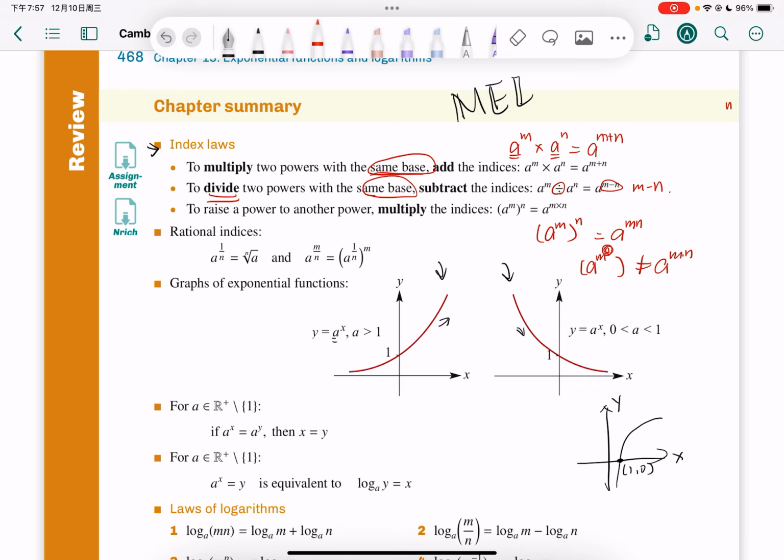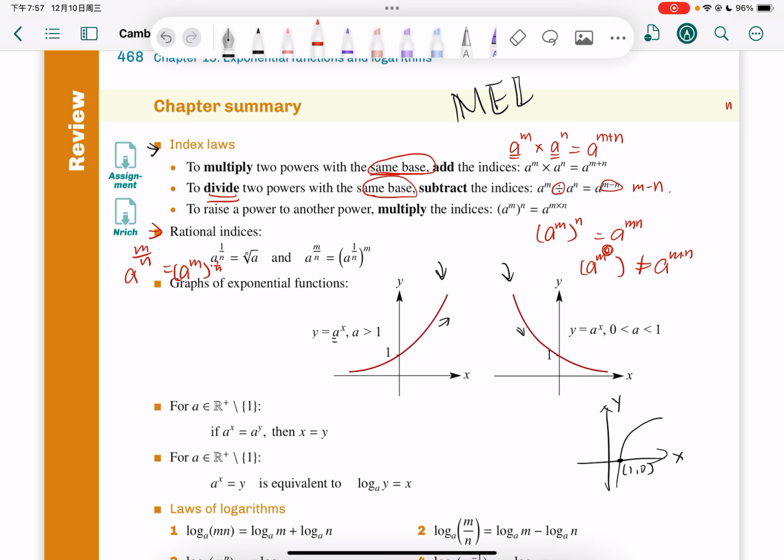Let's move on to rational indices. For a rational index like m on n, this can give us a to the power m times 1 on n.